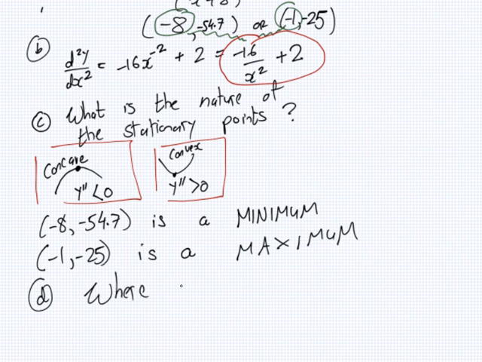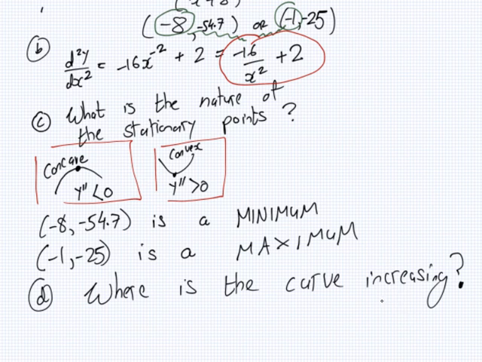Where is the curve increasing? So how could you figure out where it is increasing? Using derivatives. Which one? Using these points?